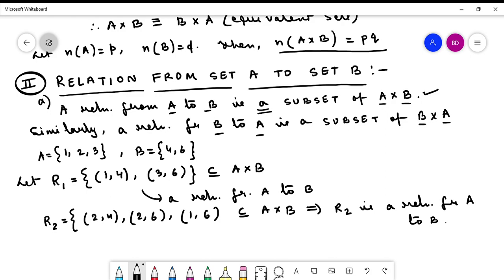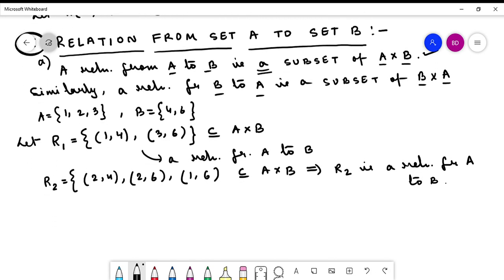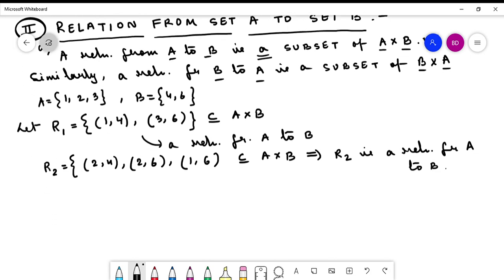Now, this is a definition of relation from the set theory point of view, but we can also explain it pictorially with the help of an arrow diagram, because that is a little easier to understand. Let me show how I will express the relation R1 by arrow diagram. Suppose this is my set A and this is my set B. In A, I have 1, 2, 3.